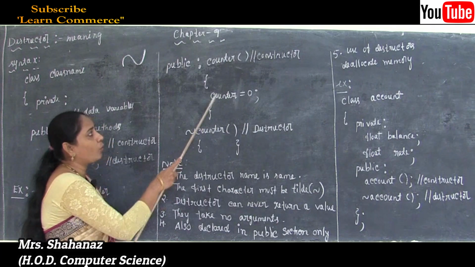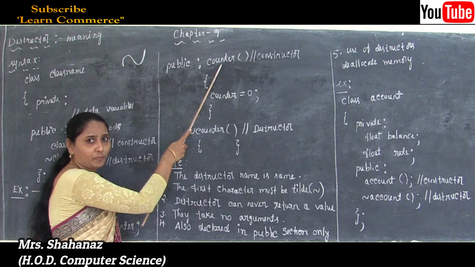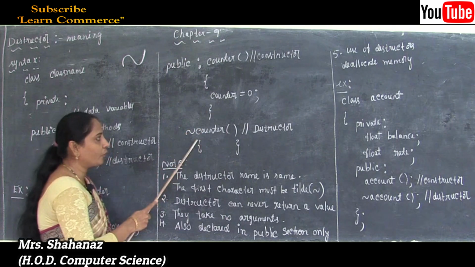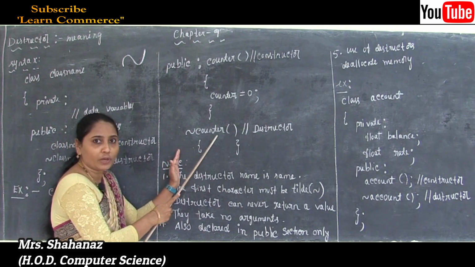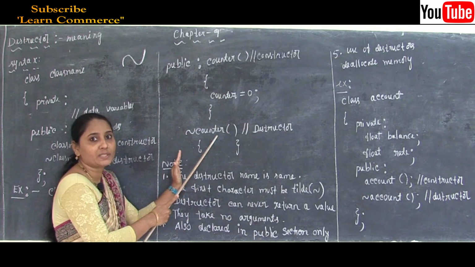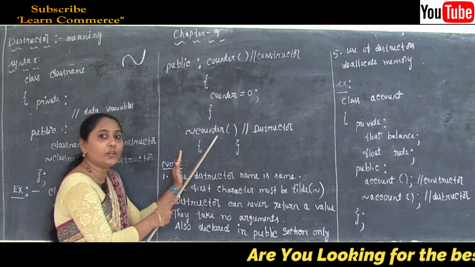Whatever we did with the constructor special member function, we initialized some value to the object. Now I want to destroy the object. Before writing it, remember I already said the first letter must start with the operator called the tilde operator.